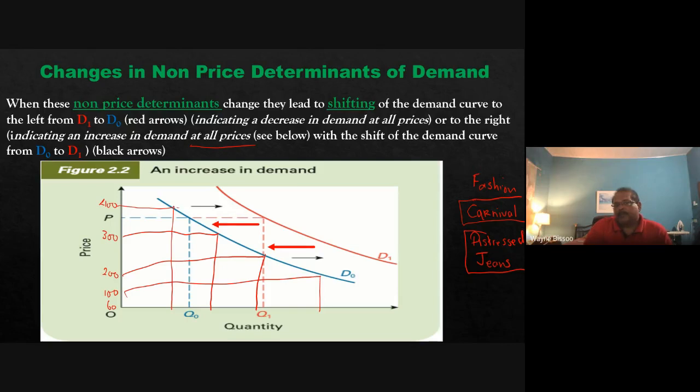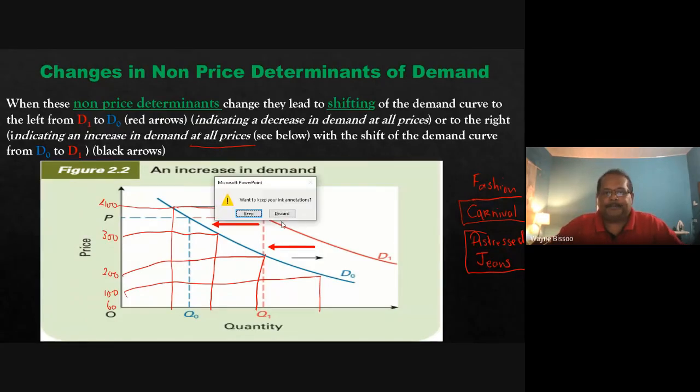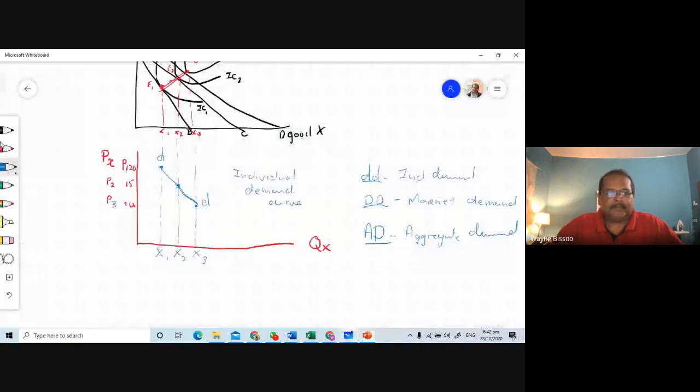So therefore, the $400 jeans will start to experience an increase in demand as a result of it becoming more fashionable. So the demand curve will slip across like that. Now they did one thing here. So let me move this over to the whiteboard so we could kind of map it out again. Clear canvas.